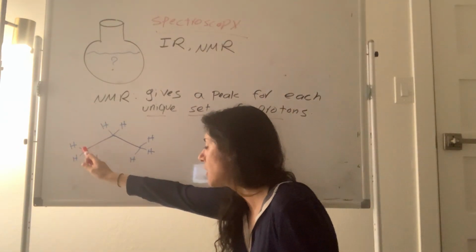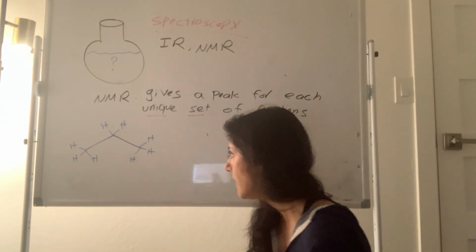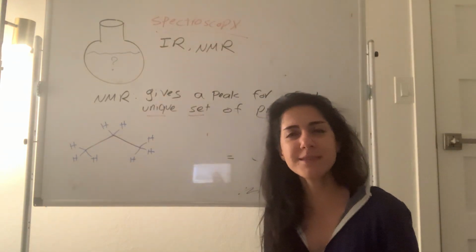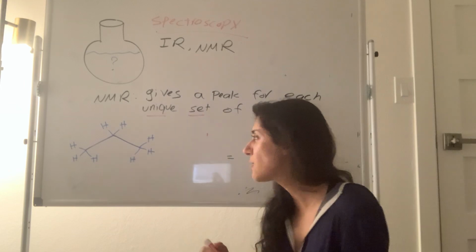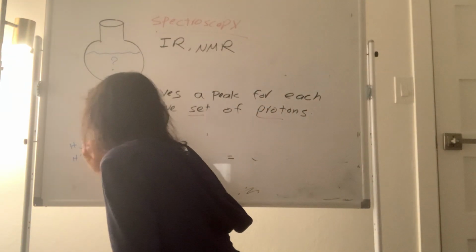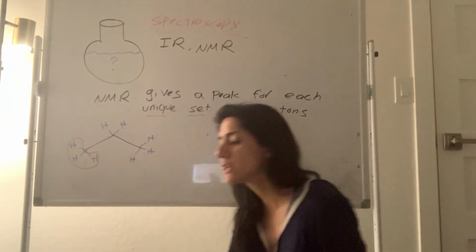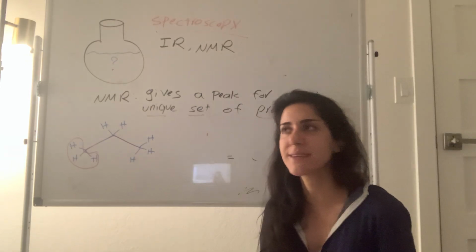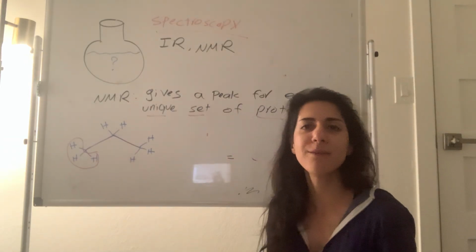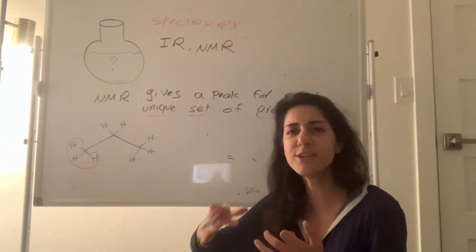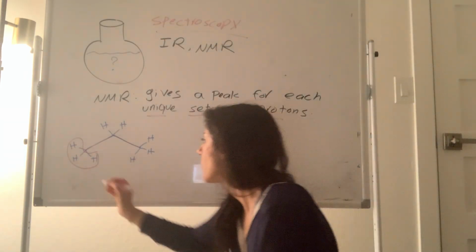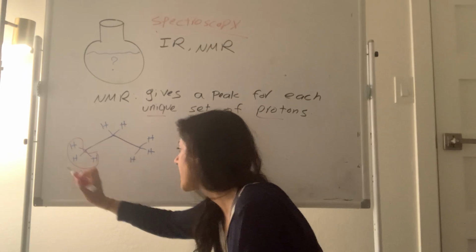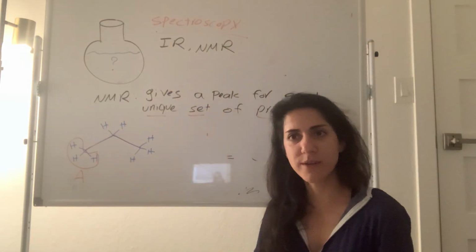And a single bond has free rotation, right? So these three are equivalent to each other. They're attached to the same carbon, and when you have a single bond, there's free rotation. So all three are equivalent to each other. So this is one set of unique protons.